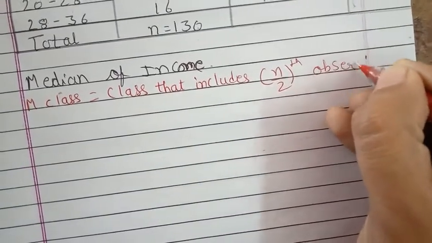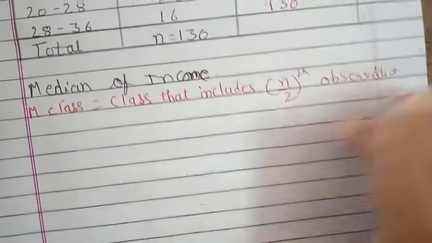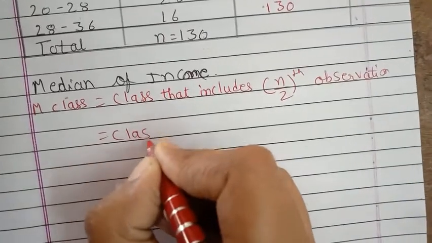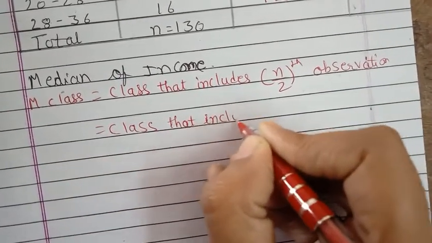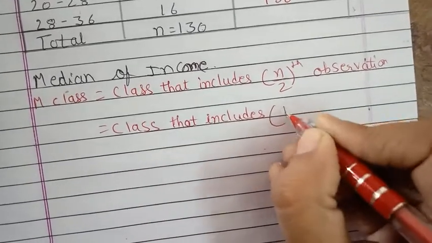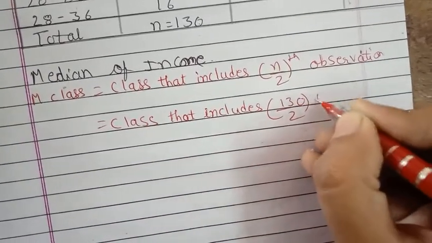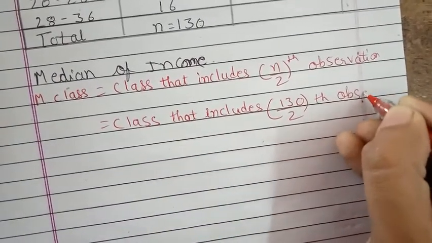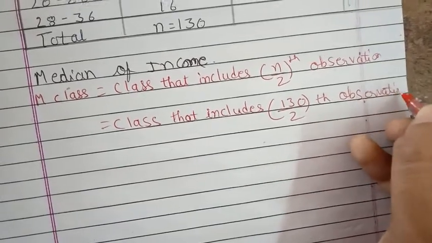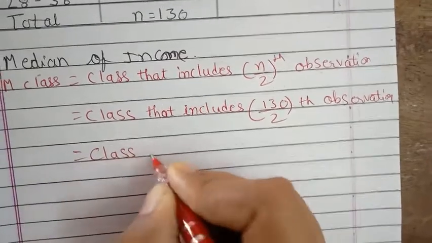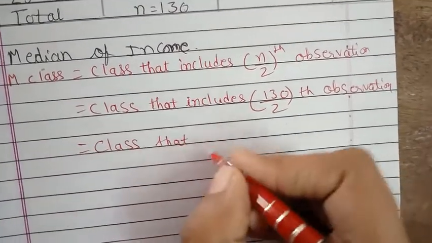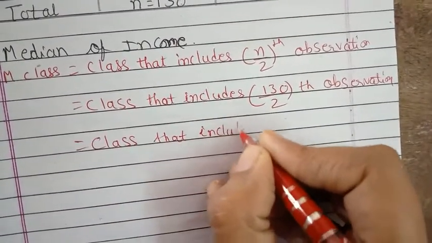And we already know what our N is, that is the number of observations, that is 130. So the class that includes 130 divided by 2 observation. So 130 when we divide it by 2, we get 65.